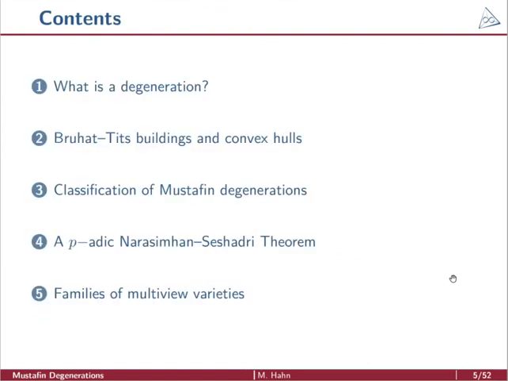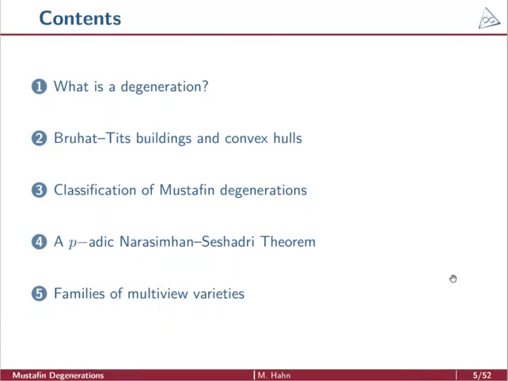Okay, what is the plan? To begin with, I want to answer the question, what is a degeneration? In the second part, I'm going to talk about Bruhat-Tits buildings and convex hulls. We've already seen something about buildings, but these are different buildings because here we're in the affine building setting.